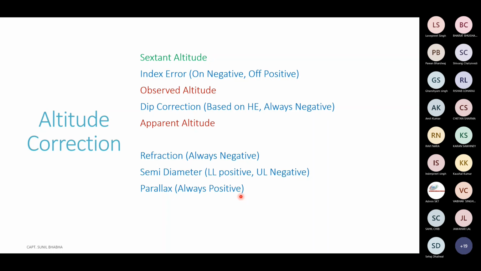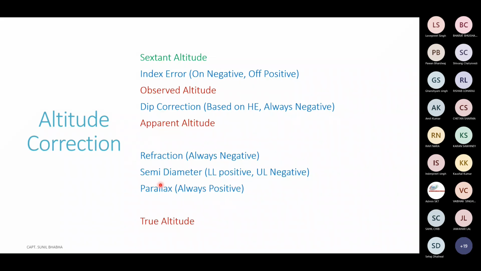Parallax is the angle at the center of the celestial body subtended by the radius of the earth. So these are the three corrections which are applied to the apparent altitude. Refraction, always negative. Semi-diameter, positive in case of lower limb, negative in case of upper limb. And the parallax correction, which is always positive. Once you apply these three corrections to the apparent altitude of the body, what you obtain is the true altitude of the body.